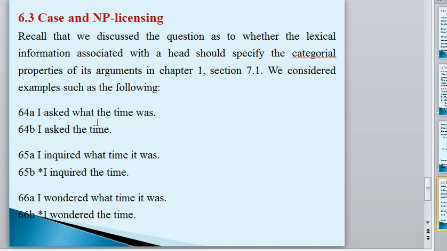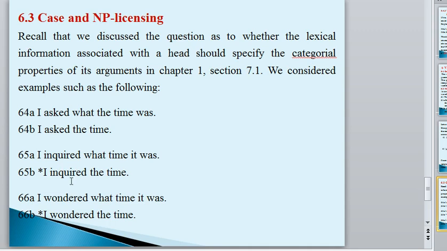I asked what the time was. We can say I asked the time. There is no problem. This is the NP, the time, near the verb ask, and there is no problem. The verb ask can assign case to the time. Another example, I inquired what time it was.